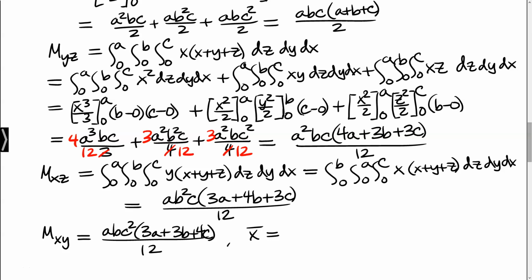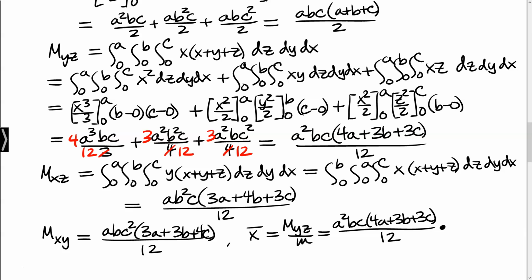So x bar, this is m yz over little m. And we just said the myz, we got that was a squared bc, 4a plus 3b plus 3c, all over 12. Now we have to divide by little m.